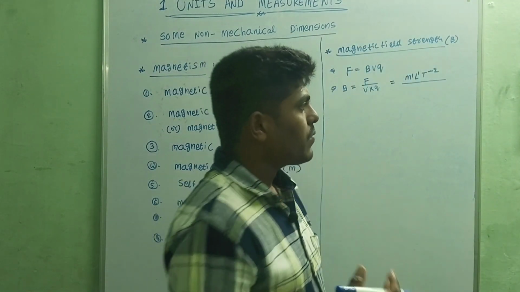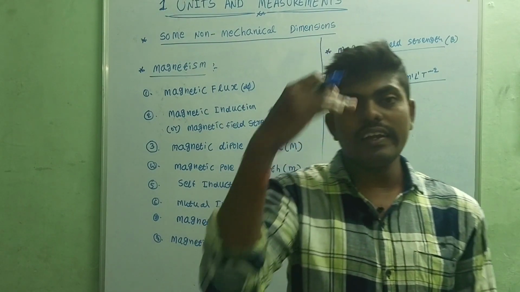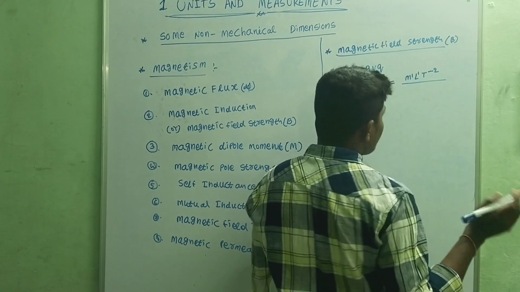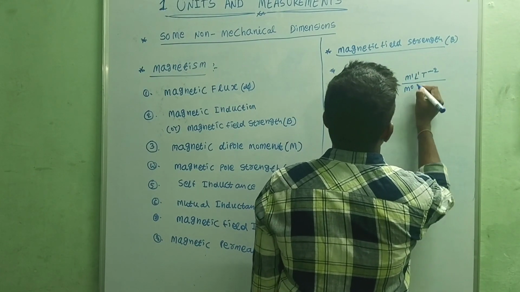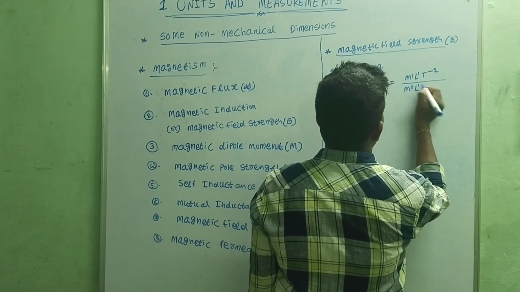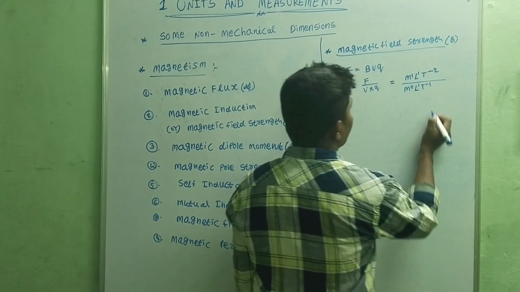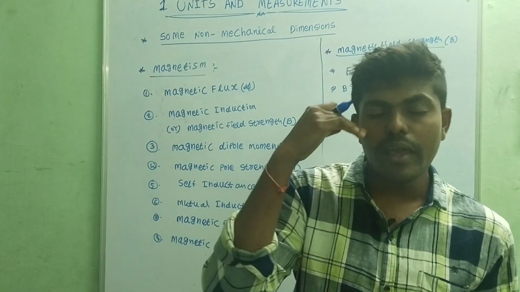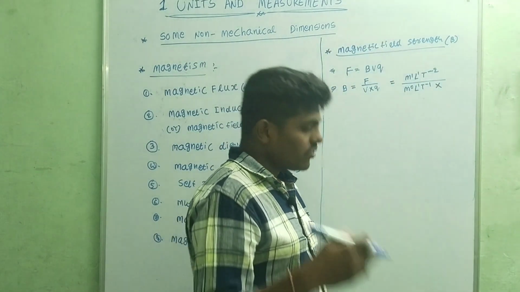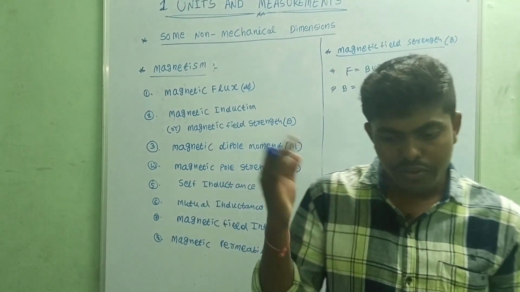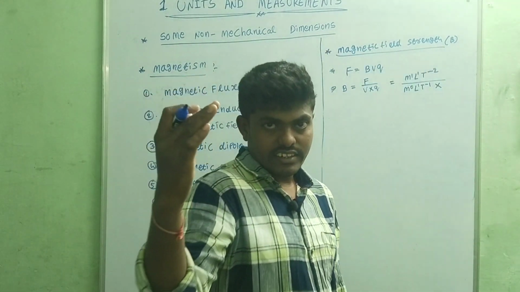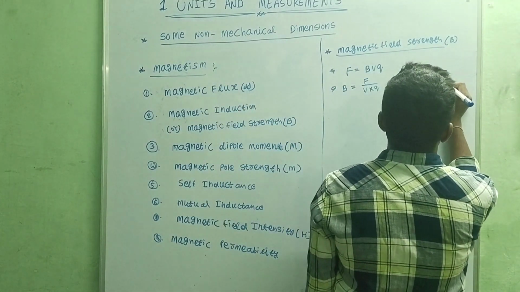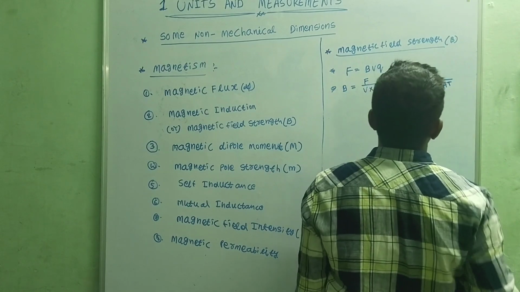The unit of velocity is meter per second, so M0 L1 T minus 1. Into the dimensions of charge. What are the dimensions of charge? Small q equals current into time.